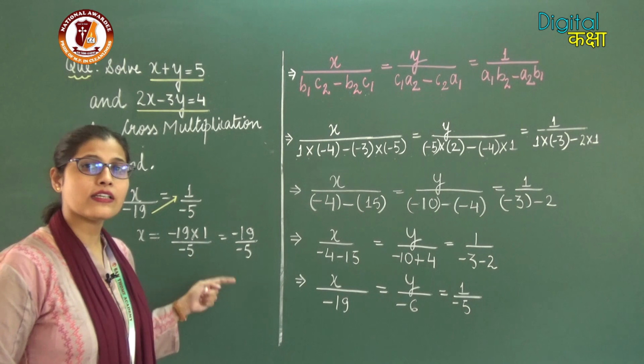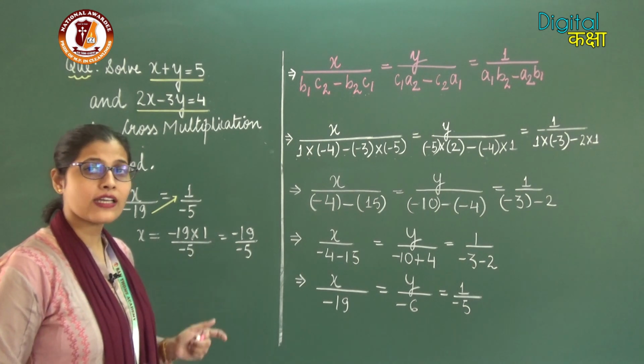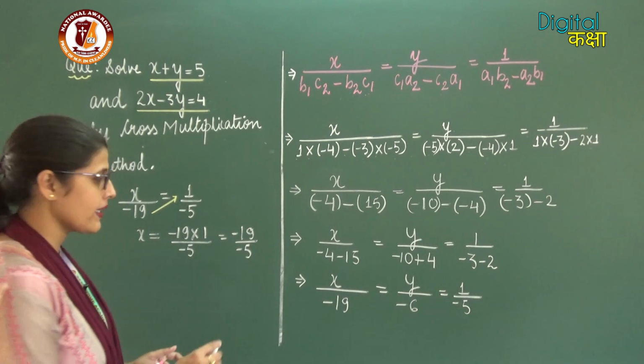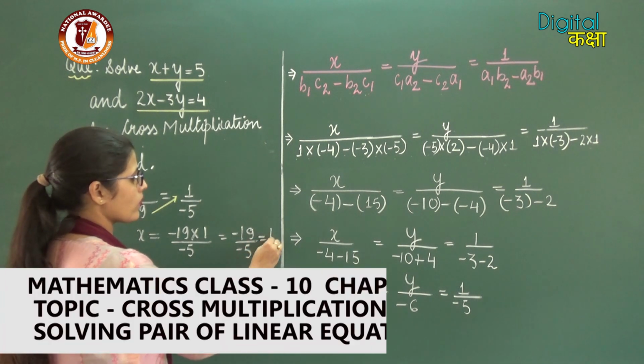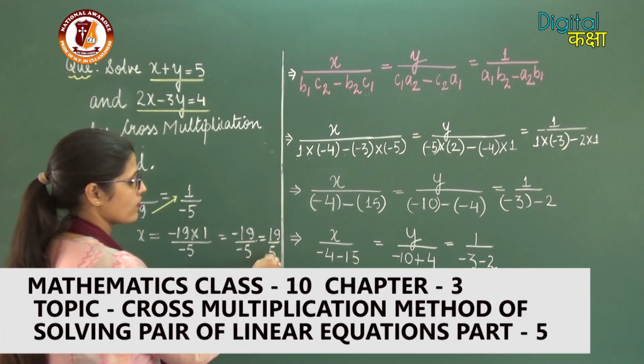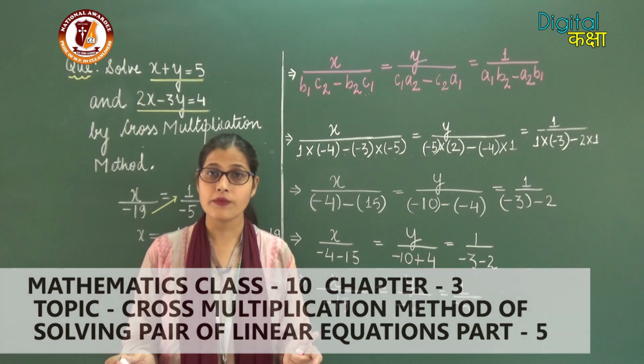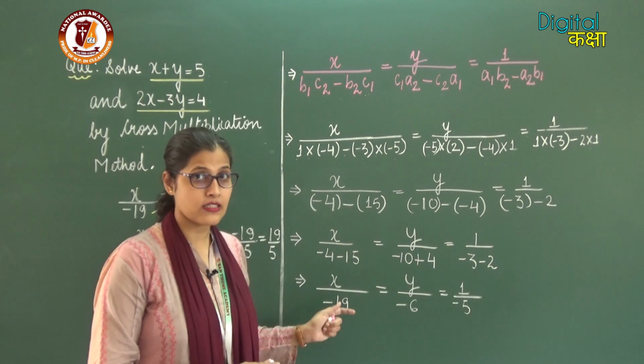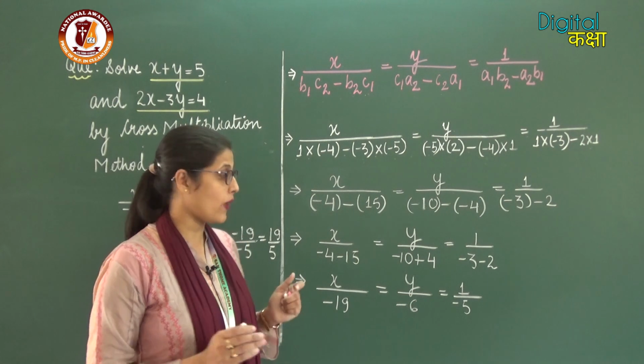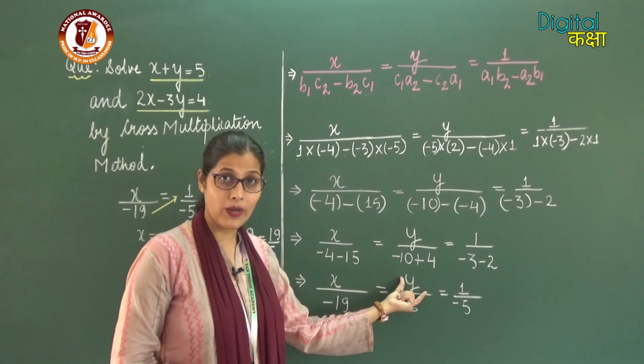Since the numerator and denominator both are negative, our answer will be positive, which will be equals to 19 upon 5. After getting the value of the variable x, we will be finding the value of variable y.